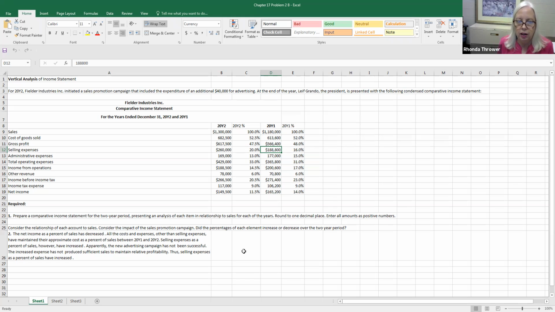In this case, it looks like their sales campaign didn't do as well as they had hoped. They might need to try to reduce other types of expenses to get their net income back up to an acceptable percentage, or it just gives management guidance on how they should proceed in the future.